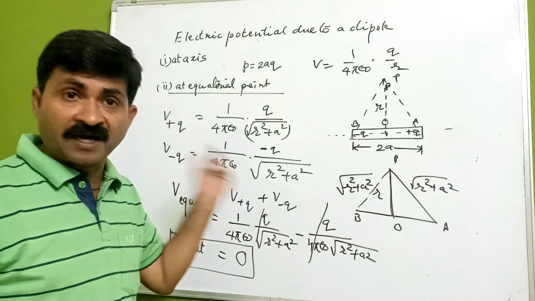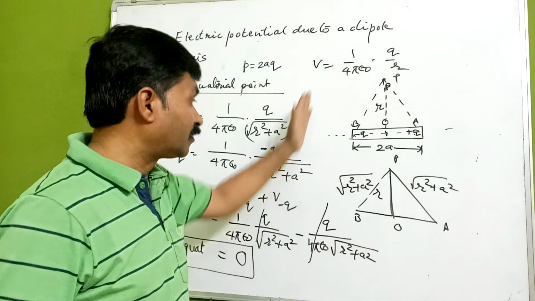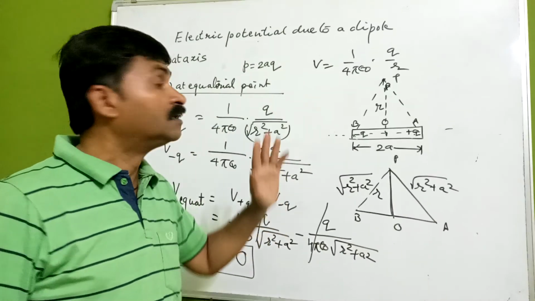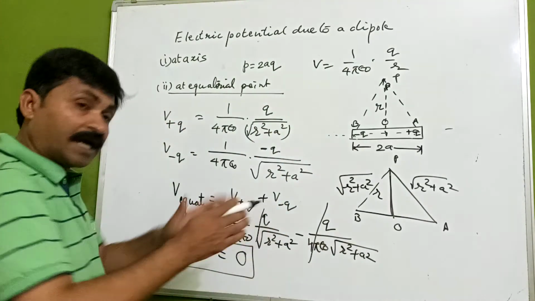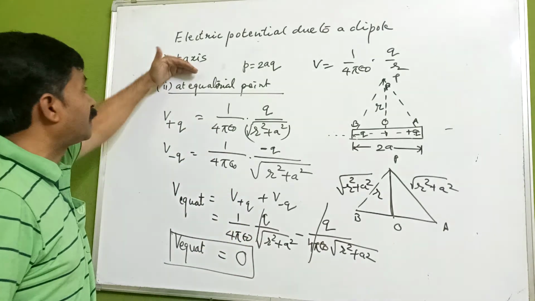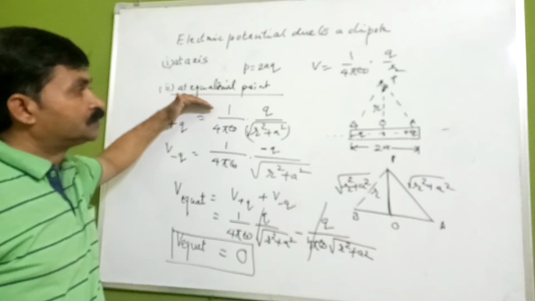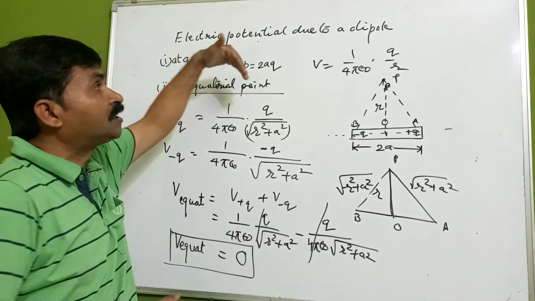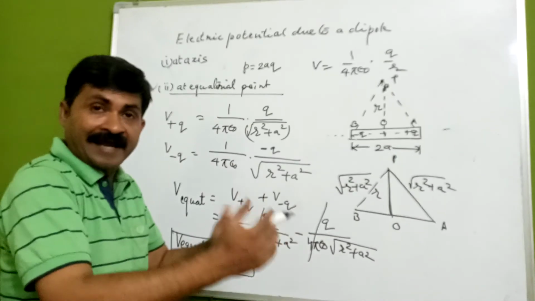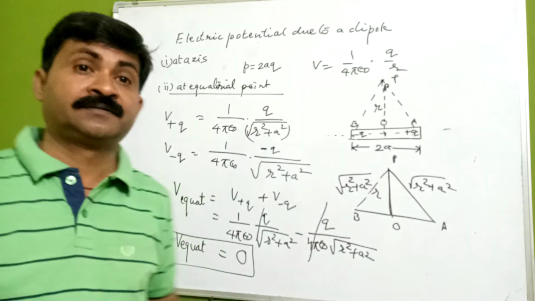If we are assuming r is much greater than a, then we have got a relation P upon 4πε0 r square. So there is a difference between axial as well as equatorial point. Okay. So this way we can calculate the electric potential due to a dipole at axial point as well as at equatorial point.